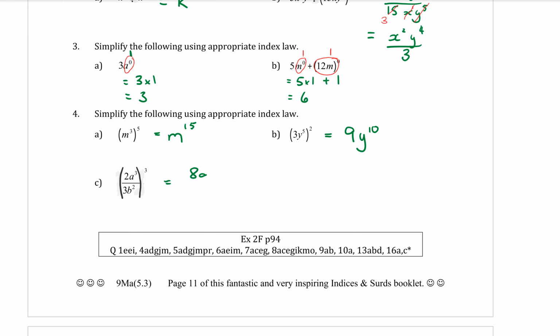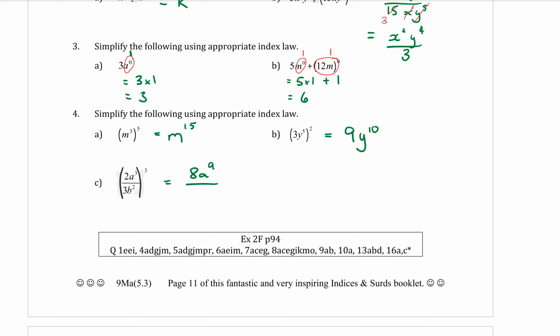Then I have an A, and the powers I have to multiply. 3 times 3 is 9. Now for the bottom. The big number out the front has to be to the power of 3. 3 to the power of 3 is? Stop guessing. 27.